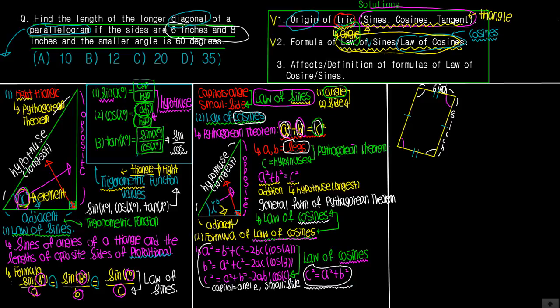After it became the 8 inches, and this will be our 6 inches, there is one missing one. Where is the angle? Because the angle is the most important point in our trigonometric function. Well, the question says the angle is 60 degrees, the smaller angle. So we will simply set this angle as 60 degrees. Let's just say this angle is 60 degrees. And that means this should also be 60 degrees.